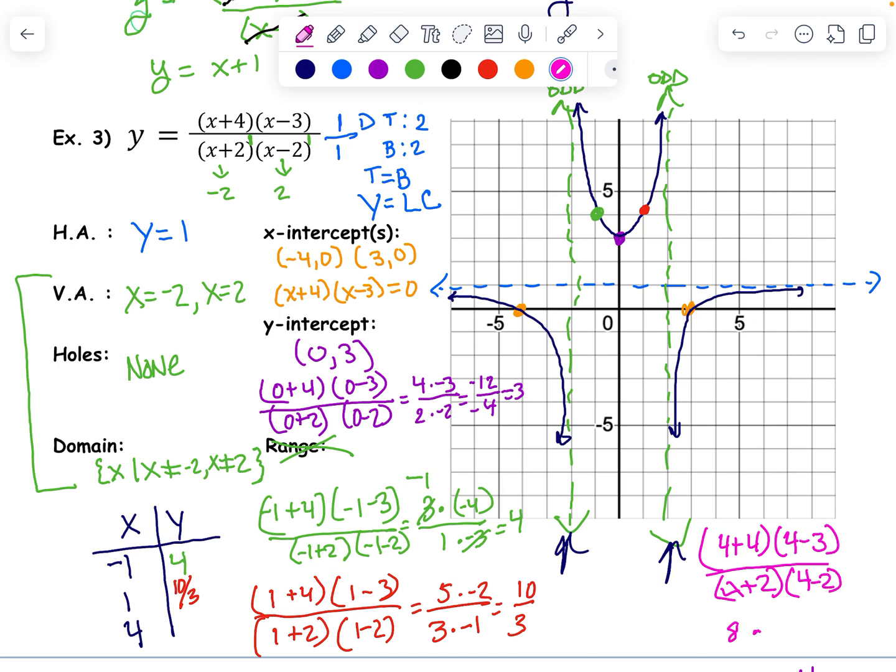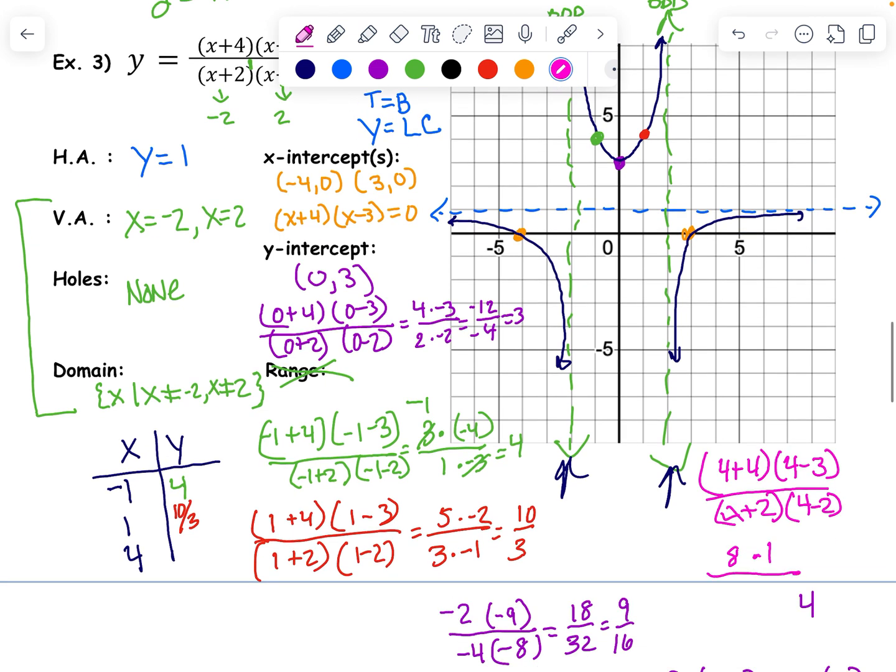And so we would get 8 times 1 on the top, and we would get 6 times 2 on the bottom. So this guy would be 4 over 6, which is about 2/3, right? And if you looked at where 2/3 would be, it's about right there. So you can see we were right on track.